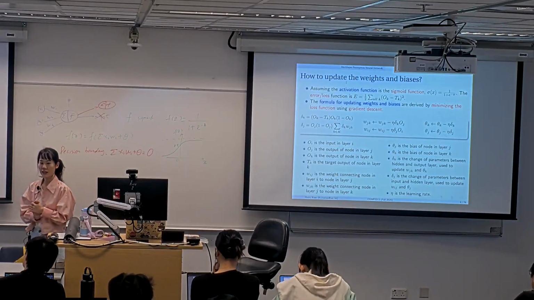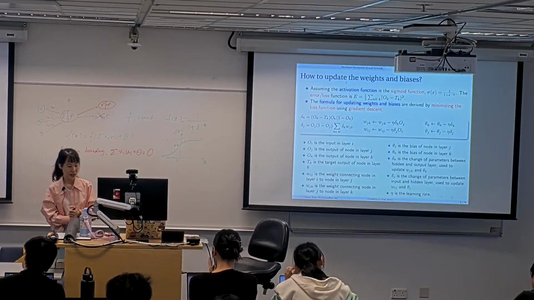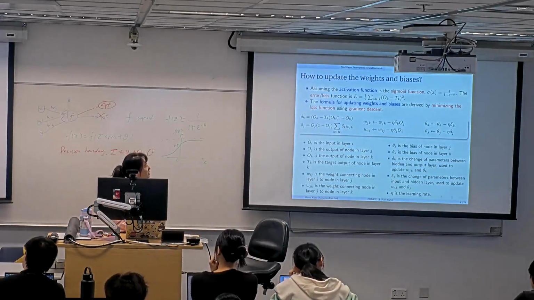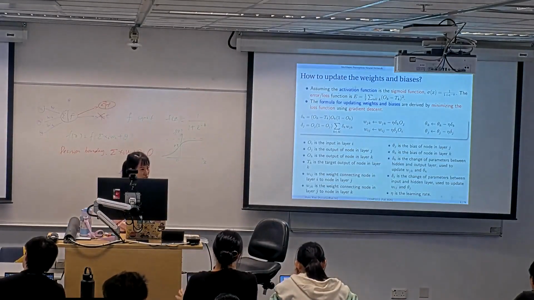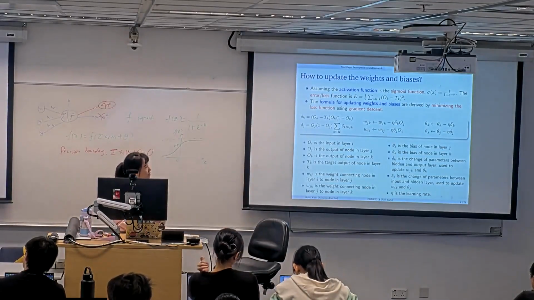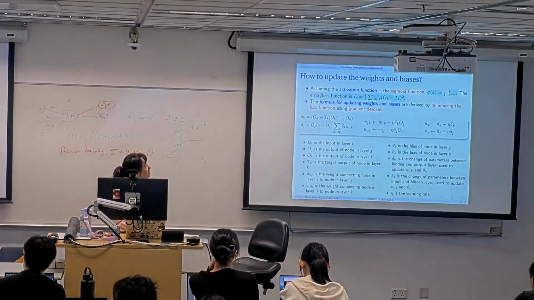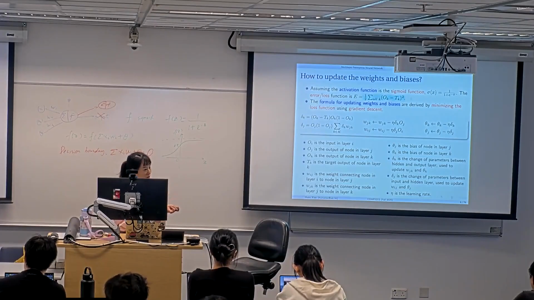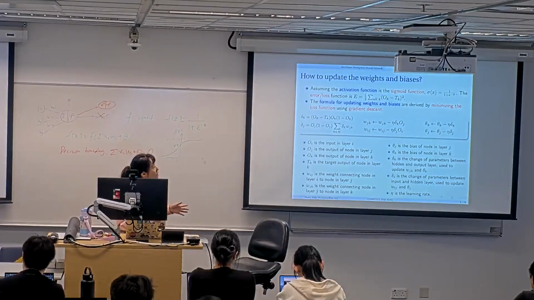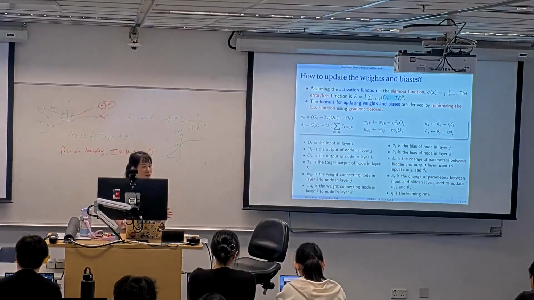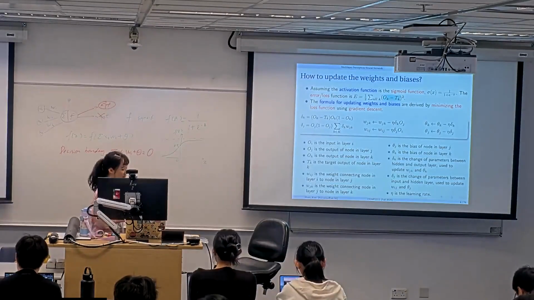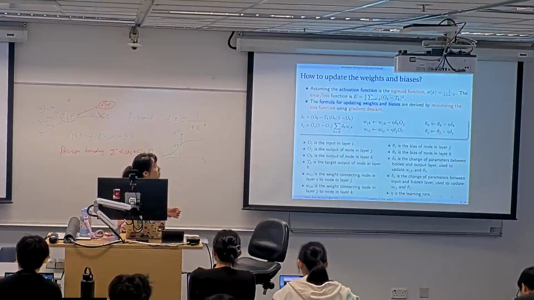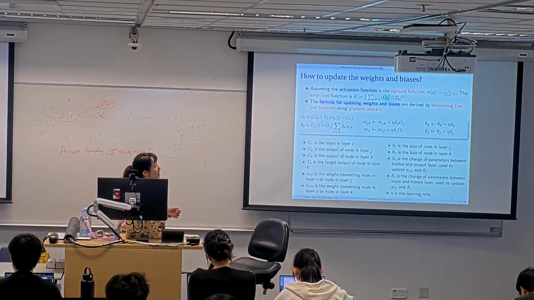Before that, we have to make some assumptions. We assume that the activation function is the sigmoid function, taking this formula, and that the loss function, or error function, is the square loss. That is, half of the sum of all (O_k minus T_k) squared, the square of the difference between the computed output and the target output.